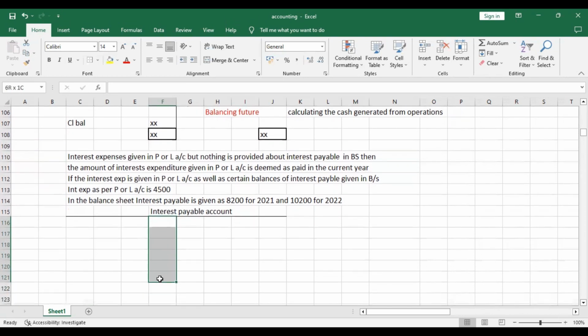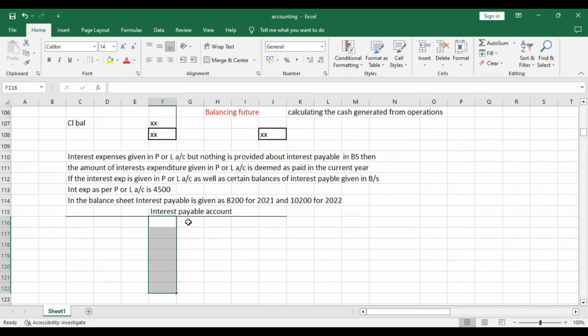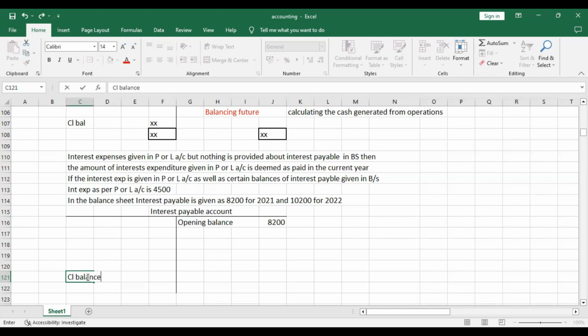Hence, opening balance will be credit. Opening balance means 2021 is opening balance. How much is it? 8,200. Very good. Then closing balance is 2022. That is 10,200.